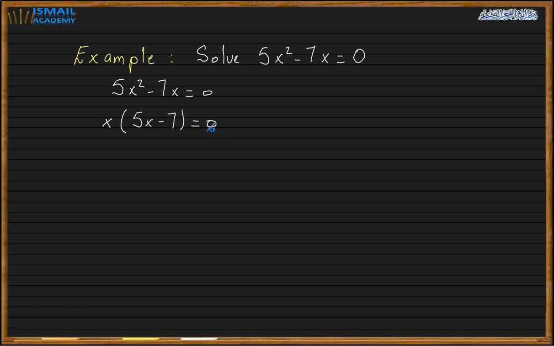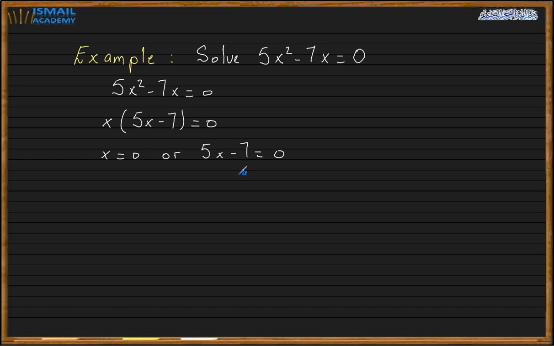As you see here, we have the product of two numbers is equal 0 if one of them is 0. So either we have x equals 0 or 5x minus 7 equals 0. As you see, it becomes two linear equations. The first one is already solved, so I don't have to deal with the first one.